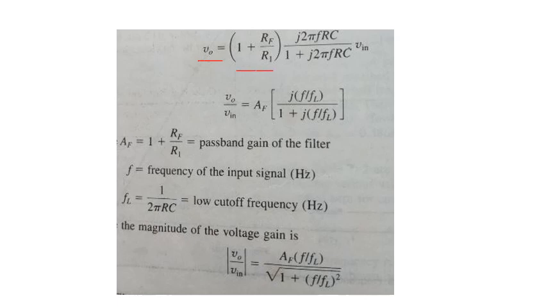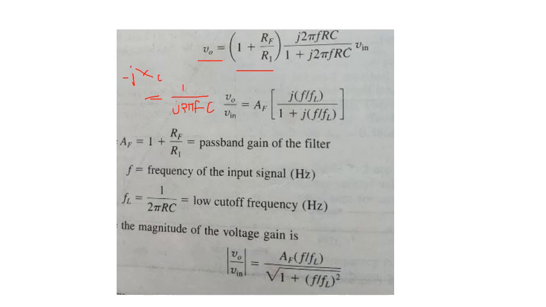This part is the gain of the non-inverting amplifier into the input voltage, which is given as Vin into R divided by minus JXC plus R. So we already know that minus JXC is equal to 1 upon j 2 pi FC.